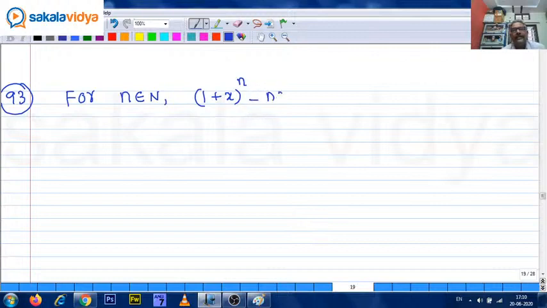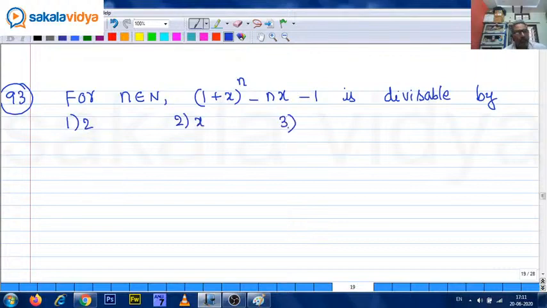For n belongs to N, 1 plus x whole to the power of n minus nx minus 1 is divisible by: first option 2, second option x, third option x square, fourth option x cube.